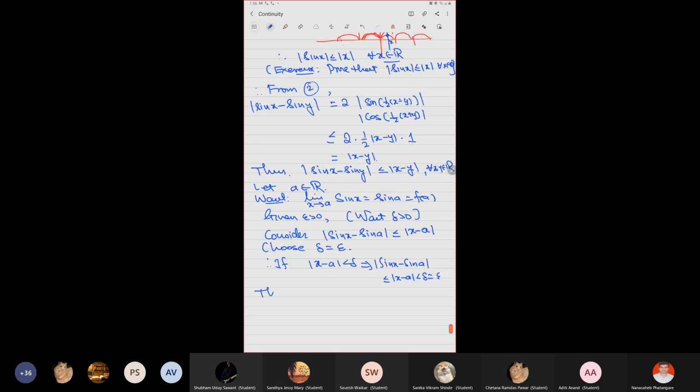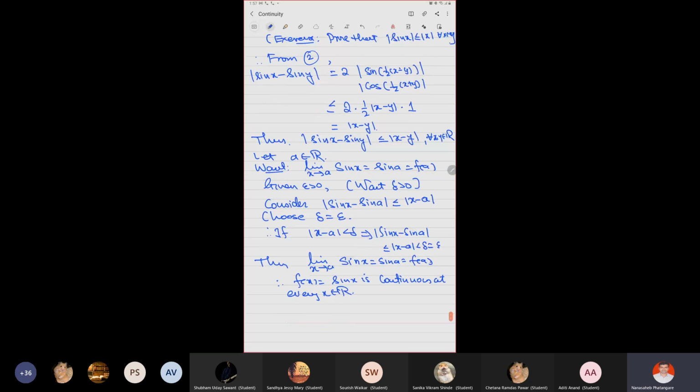Thus, for any a, the limit as x tends to a of sine x is equal to sine a, which is f of a, right? Therefore, f of x equal to sine x is continuous at every x in R. Therefore, the sine function is also a nice function because it is continuous everywhere.